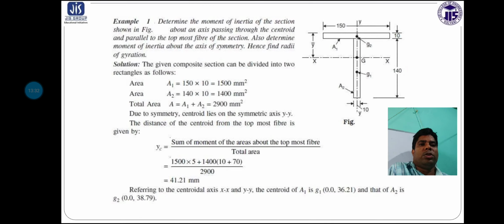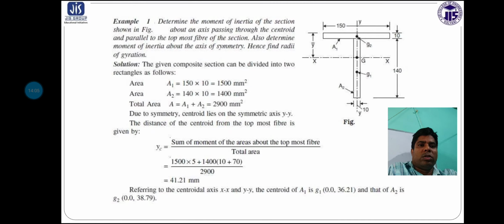Now due to symmetry, this figure is symmetrical about the YY axis. So yc is equal to the sum of moments of area about the topmost fiber divided by the total area, that means 1500 into 5 plus 1400 into 10 plus 7. So the centroidal axis gives yc equal to 41.21.